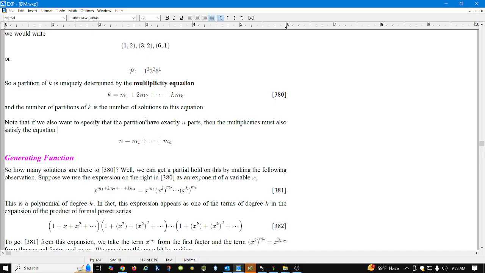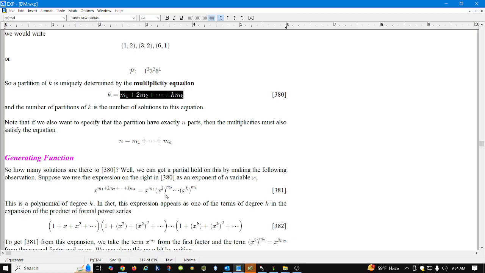This equation kind of reminds me of something, and I can't quite sort it out. But if I put this expression in as an exponent of a variable x, and I break it up like this, it's beginning to become even more suggestive.